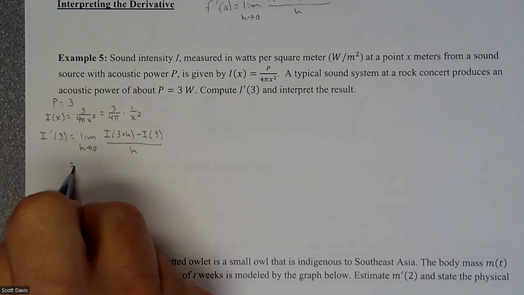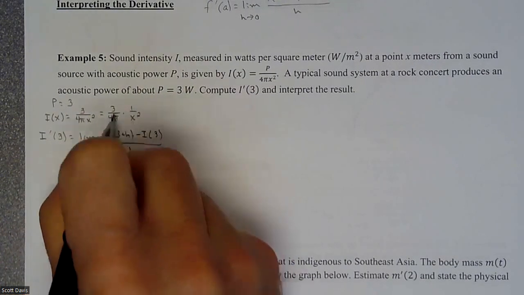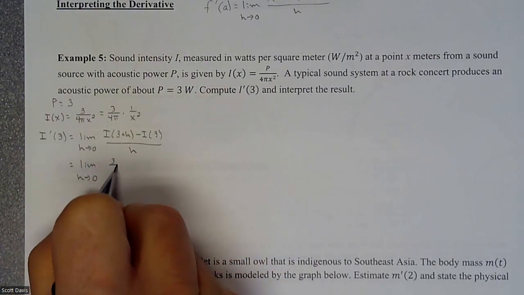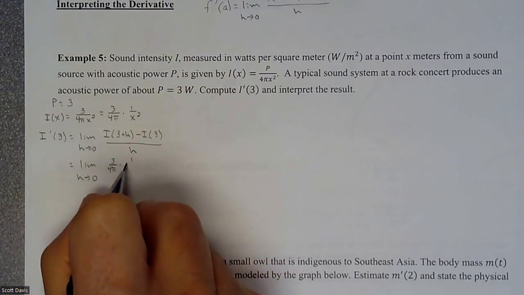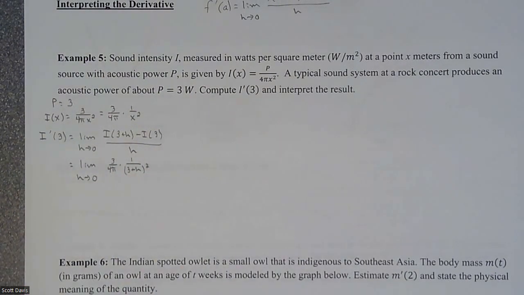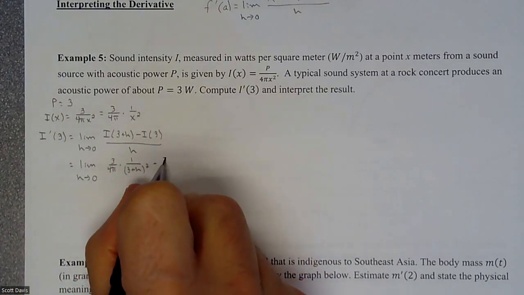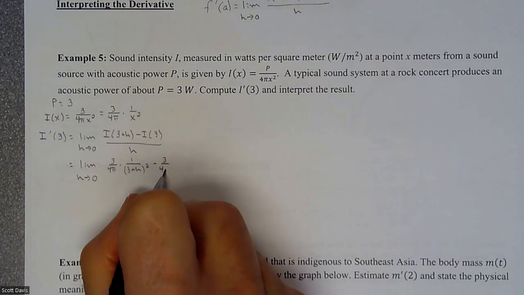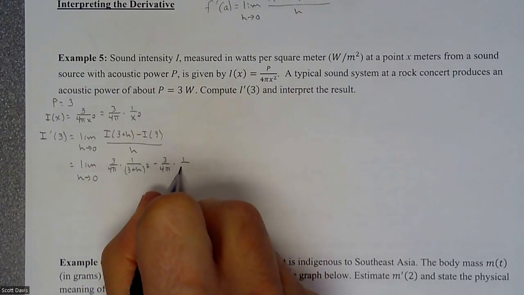So let's start plugging things in. Our limit as h approaches 0: we're going to plug this in, with the 3 over 4 pi floating in front, and then 1 over 3 plus h squared, and then minus this one, which is again 3 over 4 pi times 1 over 3 squared.